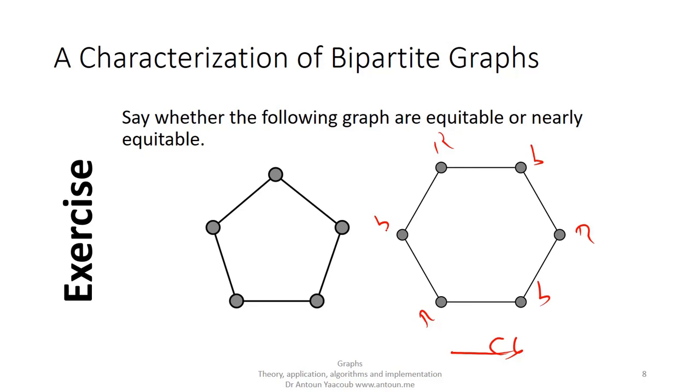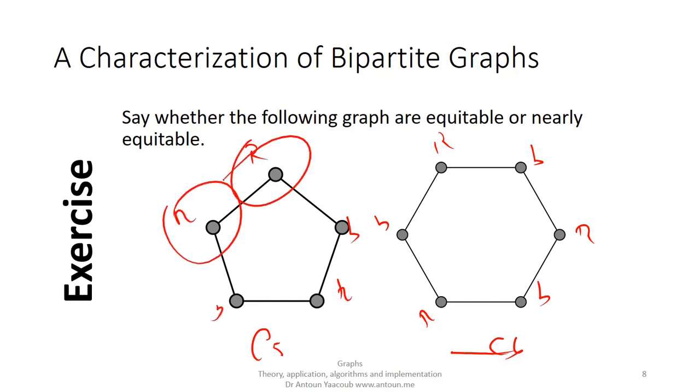However, when n is odd, we see red, blue, red, blue, red, so red and red. So obviously, odd cycles are not bipartite. It's wrong to say whether they are equitable or not, because to begin with, odd cycles are not bipartite. However, even cycles are equitable and bipartite.